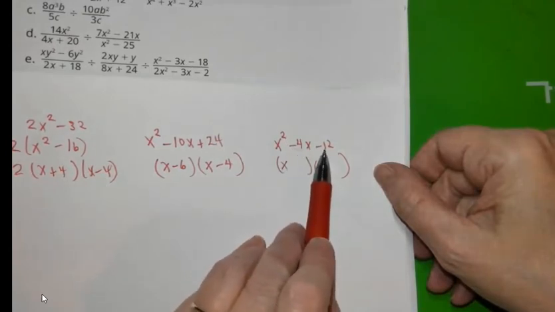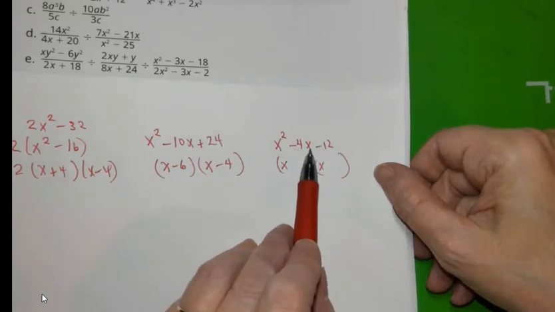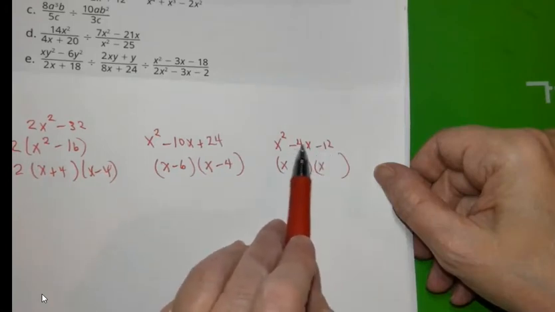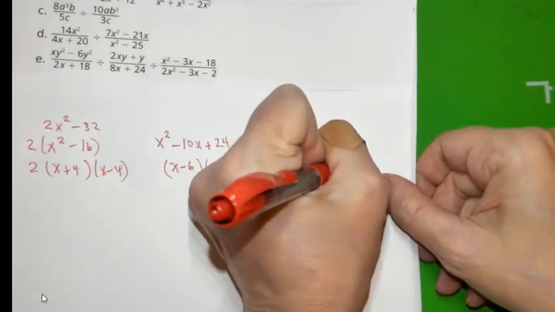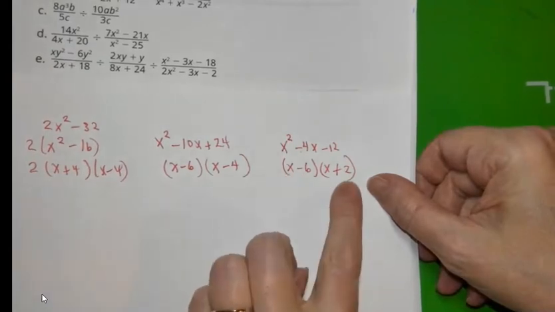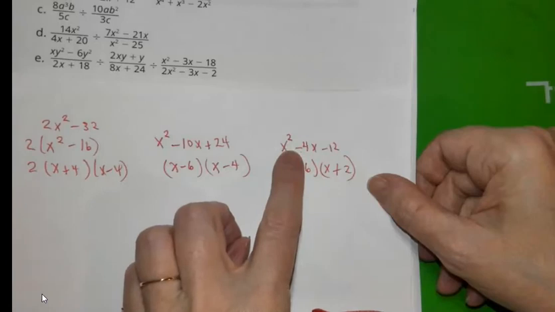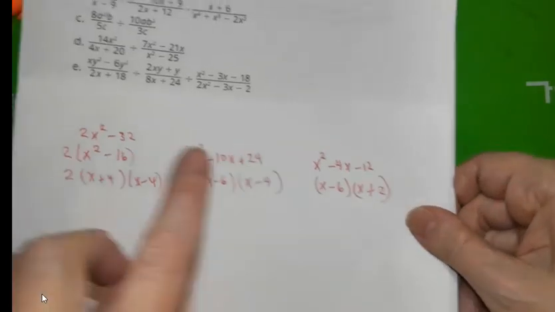So let's see, if I use 4 and 3, that's not going to work because negative 4, positive 3 adds up to negative 1. But let's do 6 and 2. I believe that'll work. So I could do a negative 6 and a positive 2 because negative 6 and positive 2 add up to negative 4. So that will give me the x's with the correct sign. So that works. And then finally, the last one, I'll just do that one in the problem.